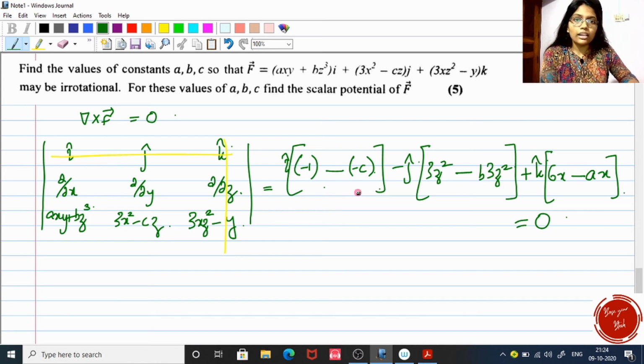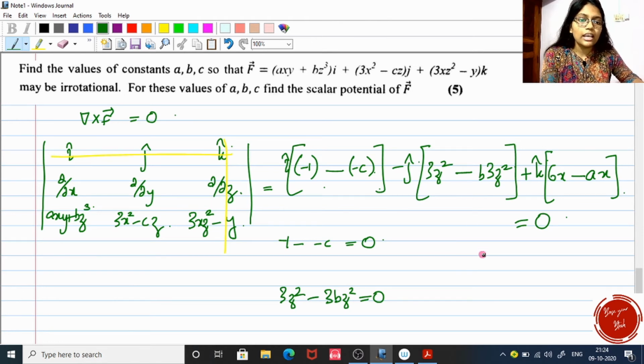So all the three components, i cap component, j cap component and k cap component will be equal to 0, that is minus 1 minus minus c is equal to 0, and 3z square minus 3bz square equal to 0 from the j component side, and finally 6x minus ax equal to 0.